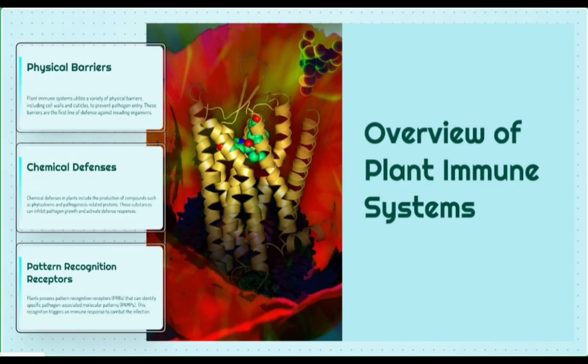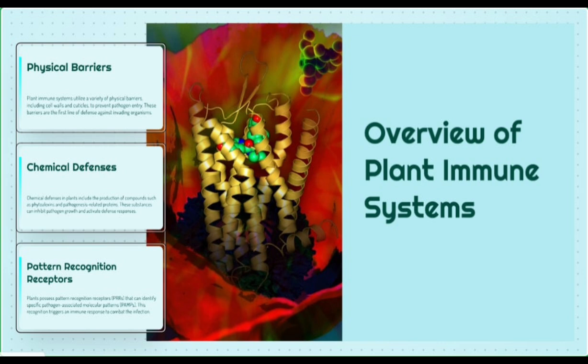Now, let's move on to the overview of plant immune systems. Just like humans and animals, plants also have their own ways of protecting themselves from harmful microorganisms such as bacteria, fungi, and viruses. Their immune system is made up of several layers of defense that work together to detect, block, and fight off infections.